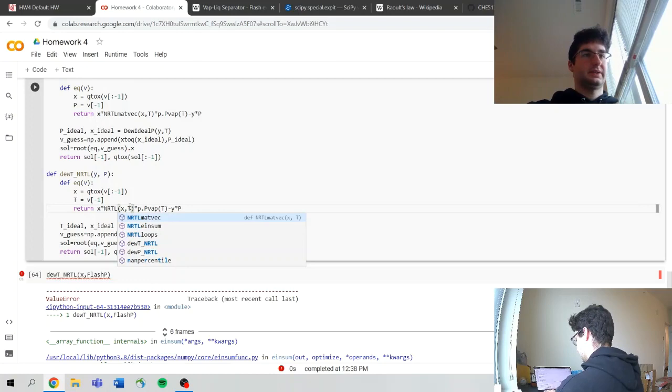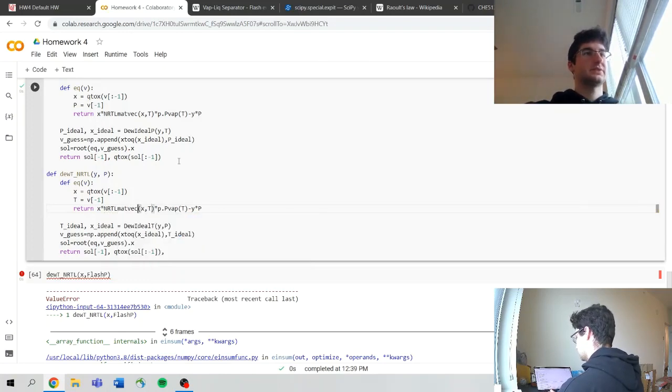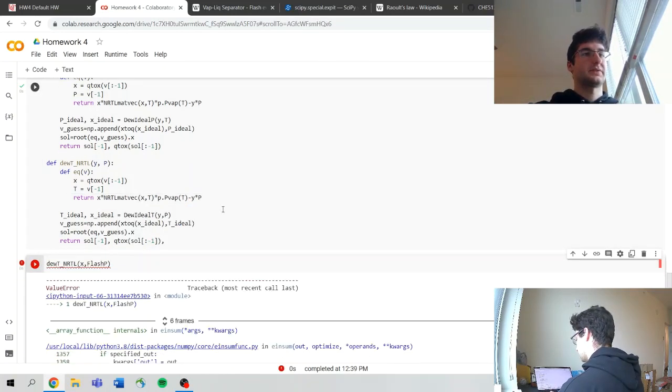I'm not sure what exactly is wrong, so let's just use the other model we have, the matrix vector.